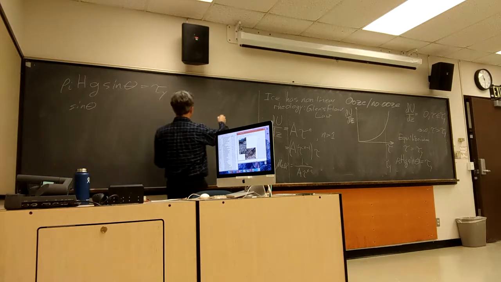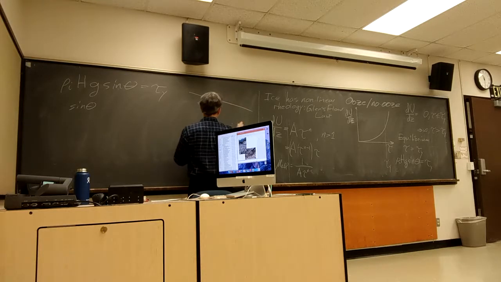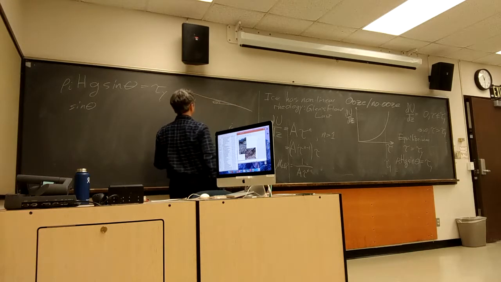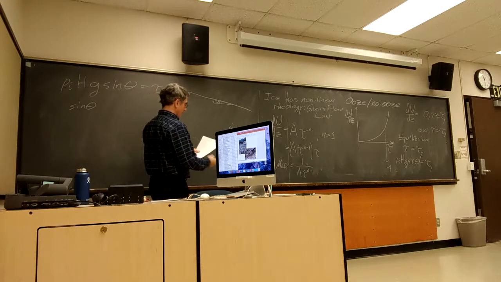let me draw an ice surface here for some kind of reference. Rock down here, ice here. I'm going to draw the slope at the surface of the ice because that's essentially the relevant slope here.